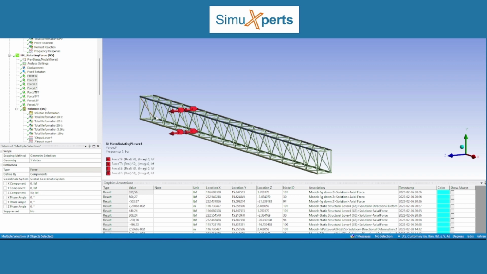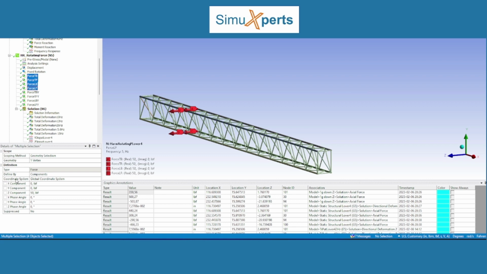And now to simulate rotating forces, we're adding four Y direction, or vertical, forces at the same four nodes. But the big difference here is that we have included a phase angle of 90 degrees compared to the forces in the Z direction, which are all at 0 degrees.